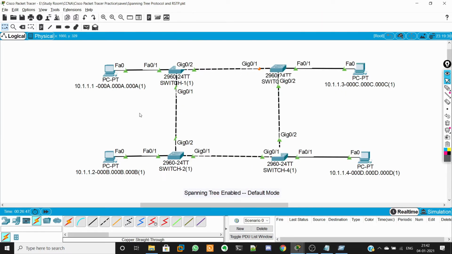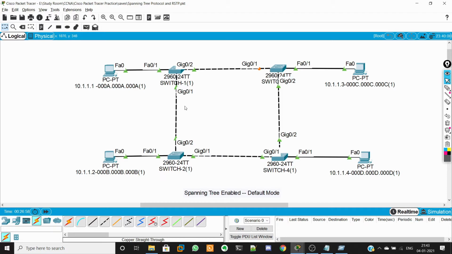So you may ask, Parimal, what if the interface costs are the same in a switch? In switch 3, assume the interface costs of gigabit 0/1 and 0/2 are the same. In that case, it will choose the root port based on the MAC address of the switch 1 and switch 4.